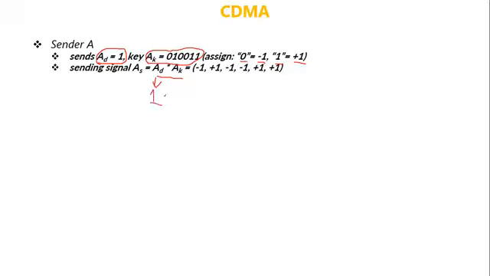AK is 0 1 0 0 1 1, but all zeros we convert to -1, so it is -1, +1, -1, -1, +1, +1.